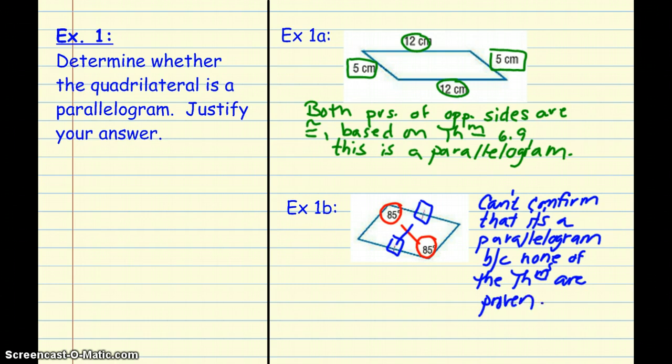Okay, so again, that's just getting you some exposure to those theorems regarding parallelograms.